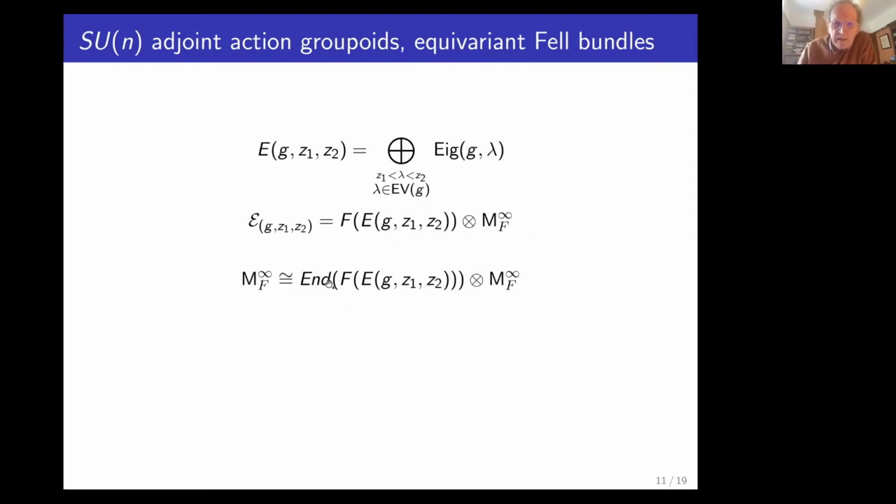Just if this was 2 by 2 matrices and each MF was 6 by 6 matrices, then I could factor each 6 by 6 into 2 by 2 and 3 by 3, and then push the 2 by 2 into the 2 by 2 part. So this MF infinity absorbs everything like this. So that means that I can make this infinite tensor product act on the left using this decomposition.